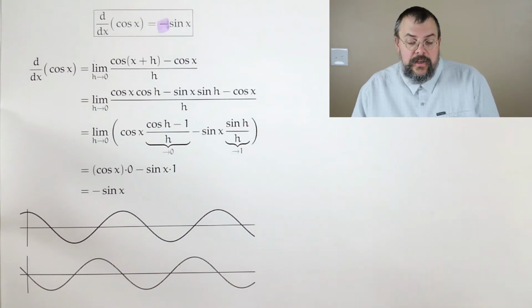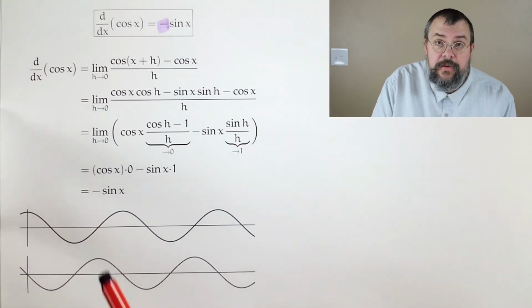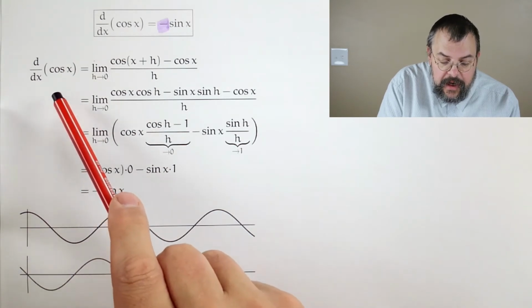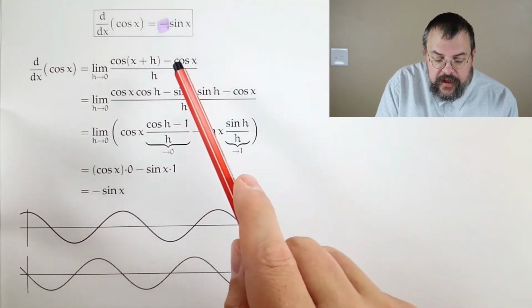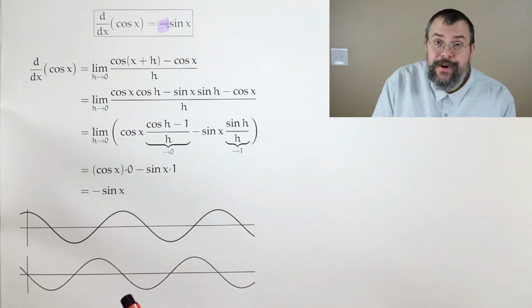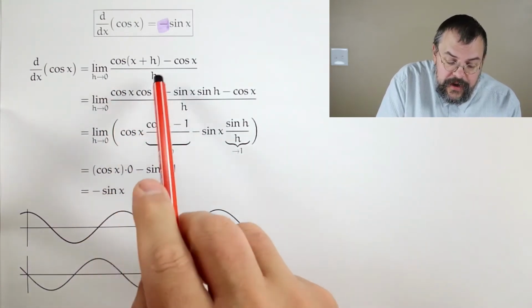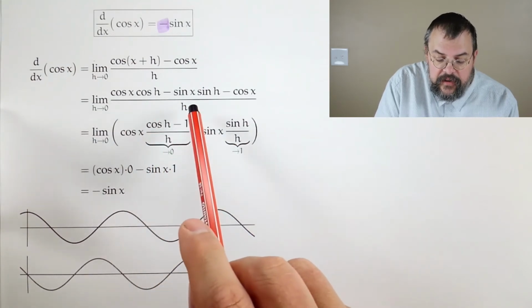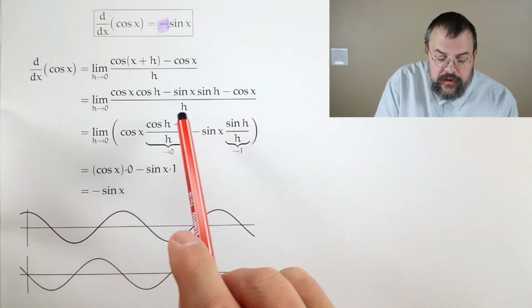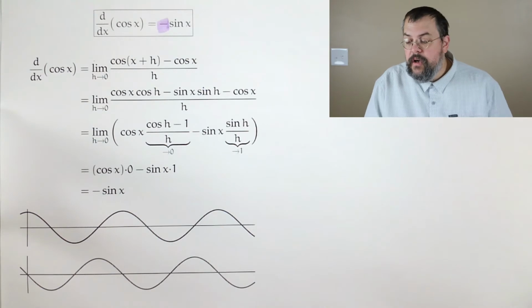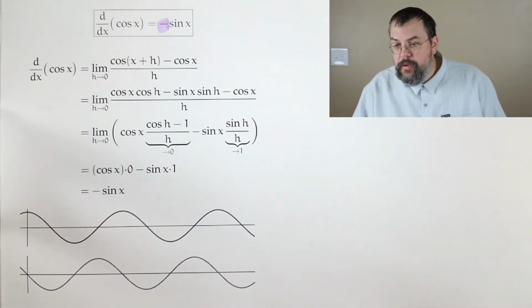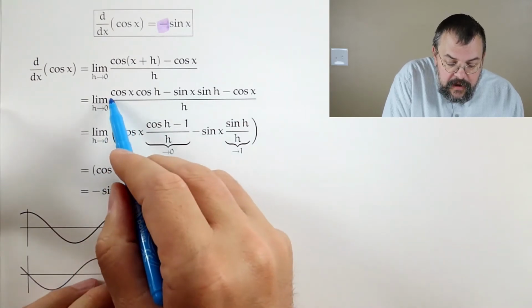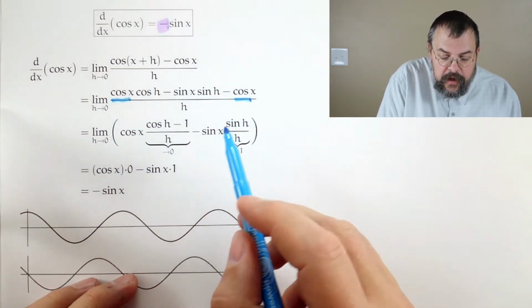All right, so what do we do? Well, we use the same logic. We're taking the derivative of cosine: cosine of x plus h minus cosine x, over h. Now, what can you do? Well, cosine of x plus h, break it up: cosine x cosine h minus sine x sine h, minus cosine x, over h. And now we do a similar thing, which is we group things together. So for instance, the cosine x terms go together.